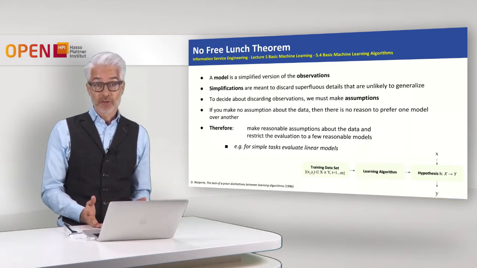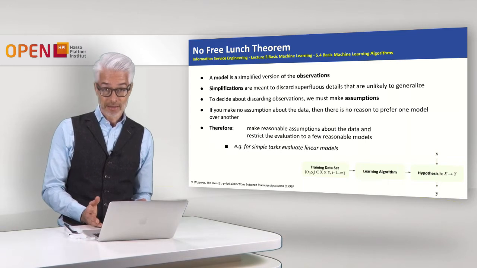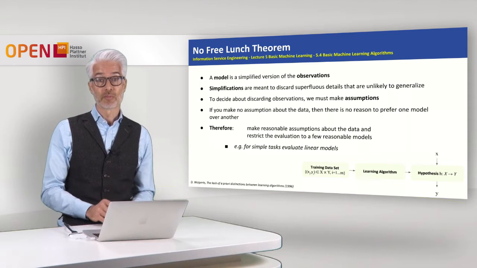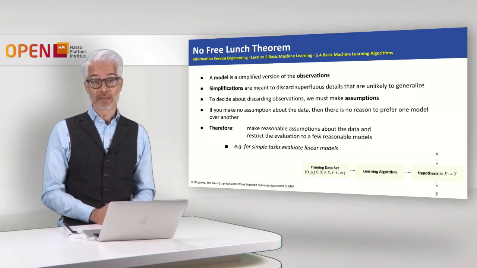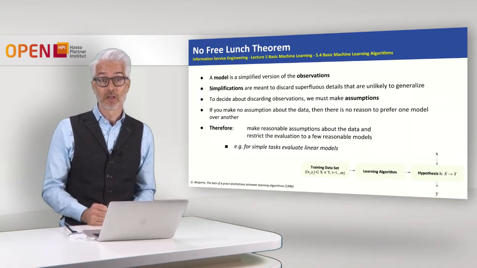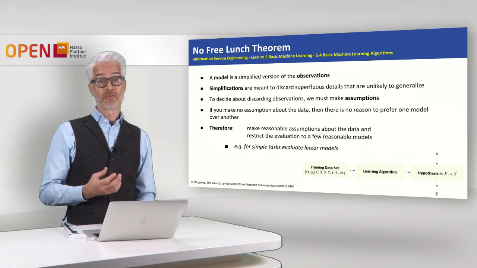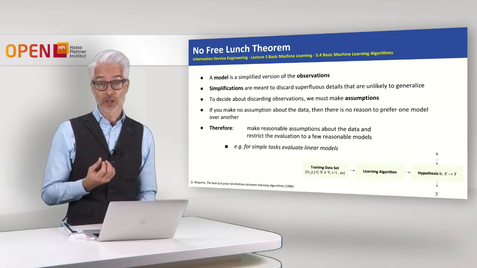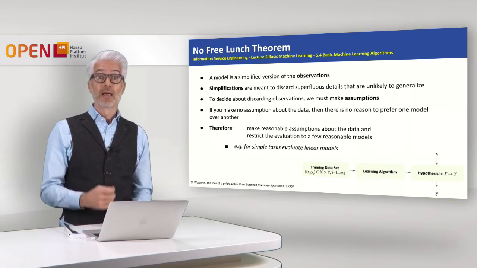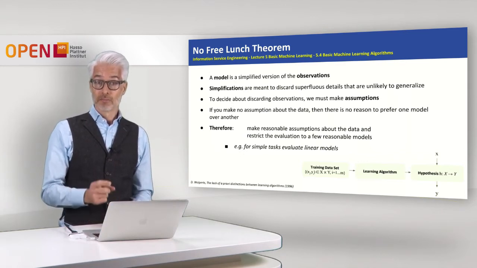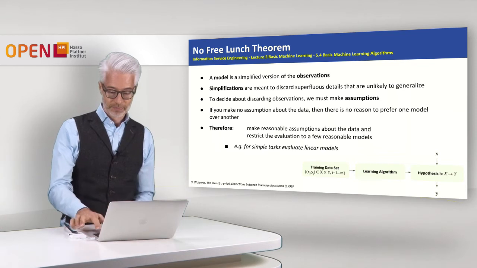So you have to make some reasonable assumptions about the data, and of course you have to restrict the evaluation to only a few reasonable models, since trying all of them would be way too complex and rather costly. So for example, if you have a simple task, first try to evaluate with so-called linear models, which are the simplest models. And the simplest model, linear regression, we will talk about in this part of the lecture.